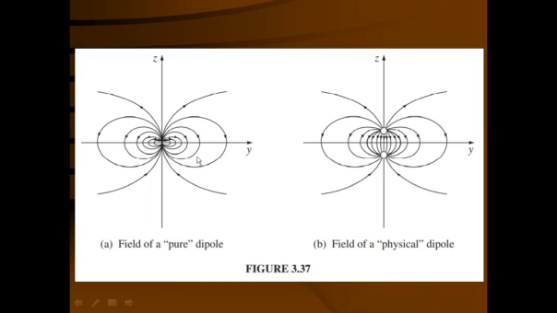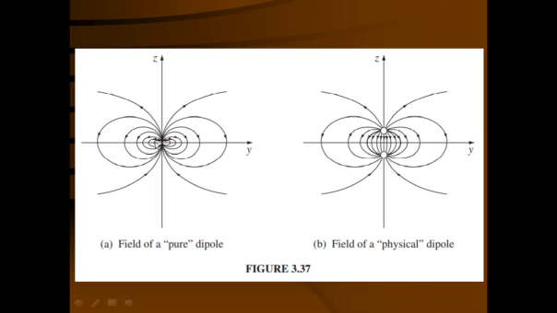So, this is a comparison of two types of field. Field of a physical dipole: this is going to be the positive charge, this is going to be the negative charge. The field lines are initiated from the positive charge to the negative charge. You can see that this is a non-uniform electric field because of a purely physical dipole, plus q and minus q, separated by distance d.